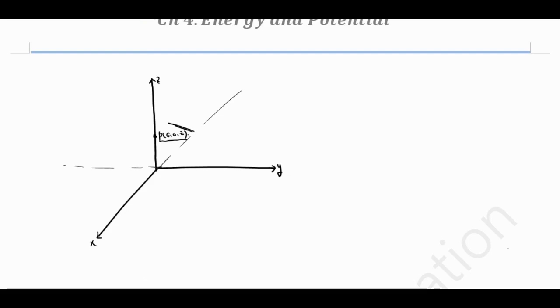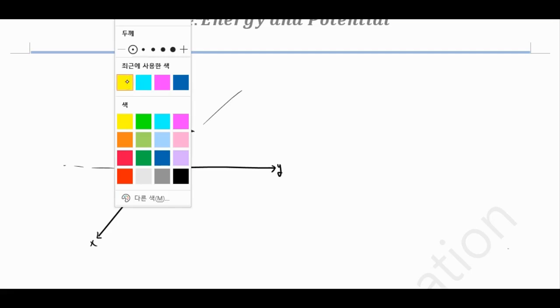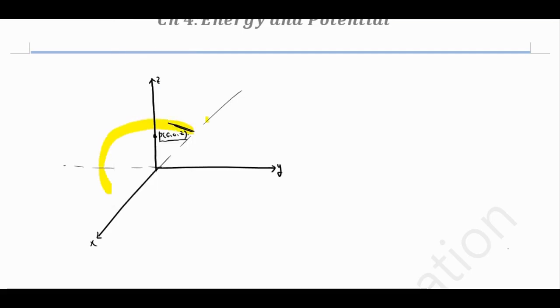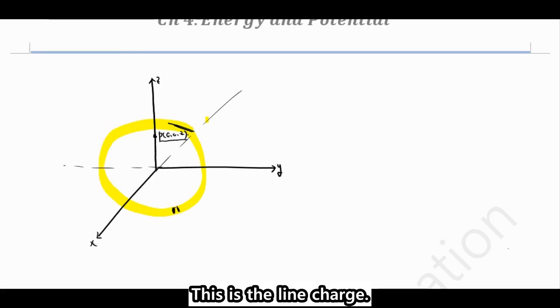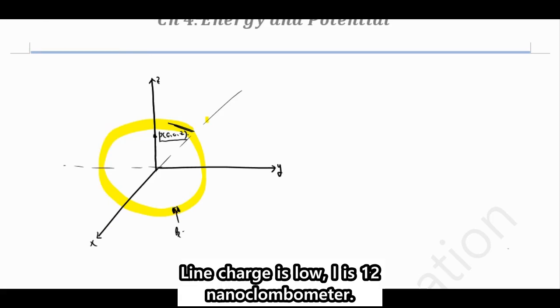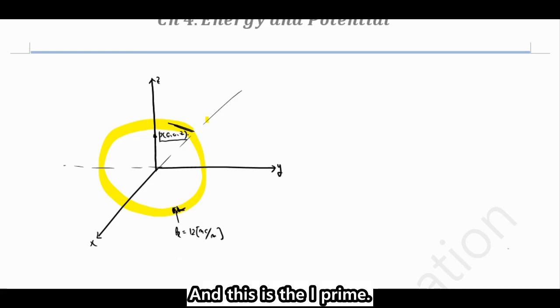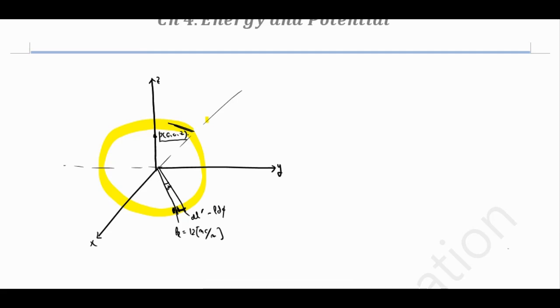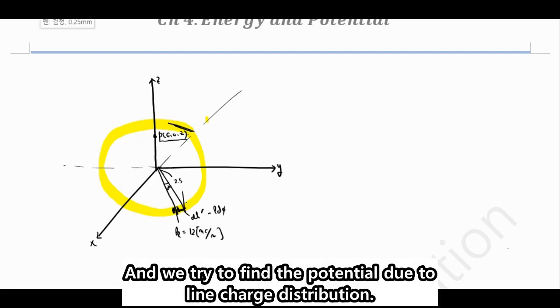This is a line charge. Line charge rho L is 12 nanocoulomb per meter, and this is dl. dl prime is rho d phi. The rho is 2.5, and we try to find the potential due to the line charge distribution.